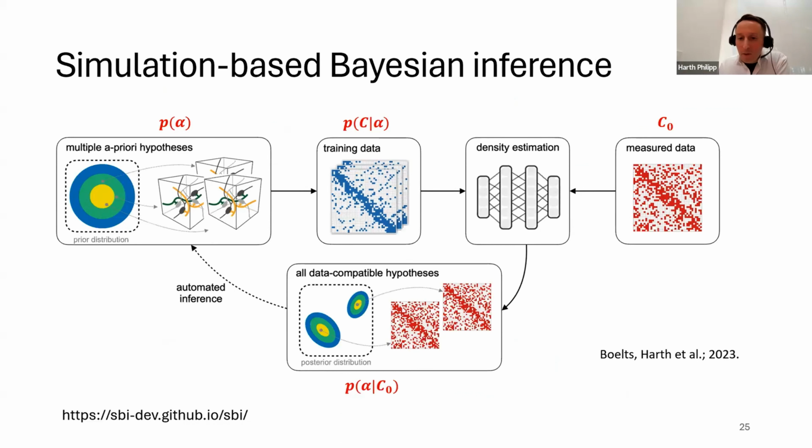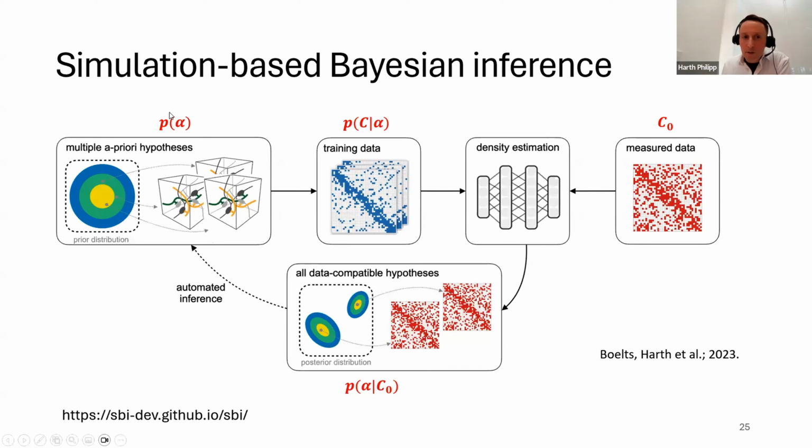One of the technical aspects that we've been working on, actually a key ingredient of our approach, has been developed together with the lab of Jakob Macke and Jan Bölz, where we're using Bayesian inference to obtain these alpha parameters.